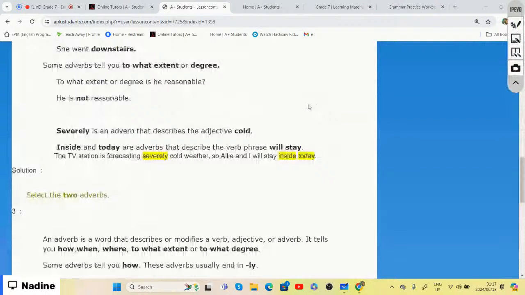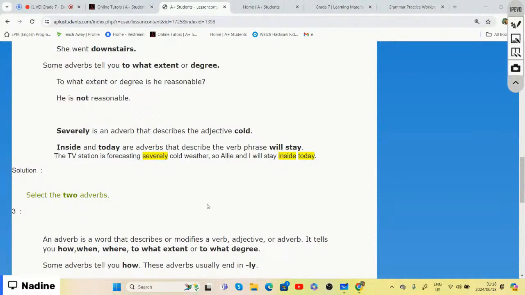All right, it says inside and today are adverbs. Okay, it says the TV station is forecasting severely cold weather. So Ali and I will stay inside today. And if we look at our three adverbs that we have identified, then it says severely, which is already highlighted.